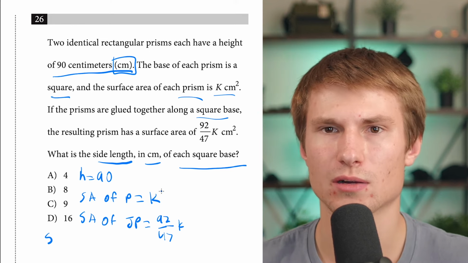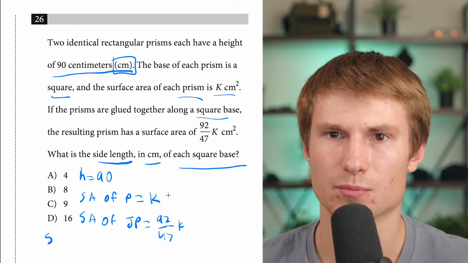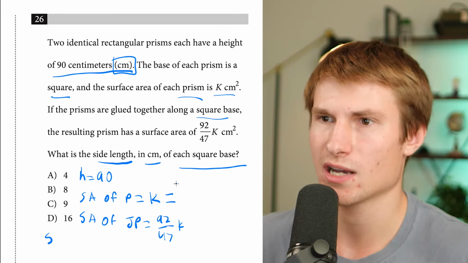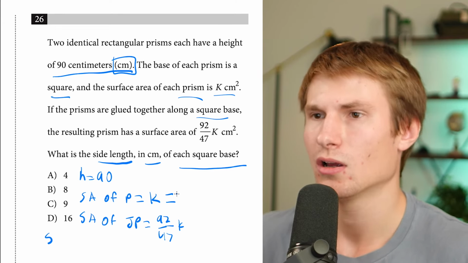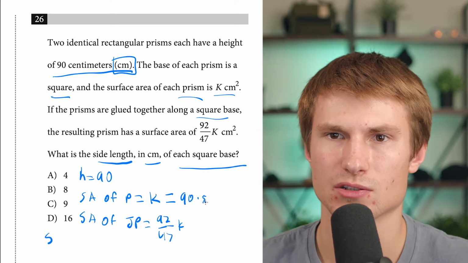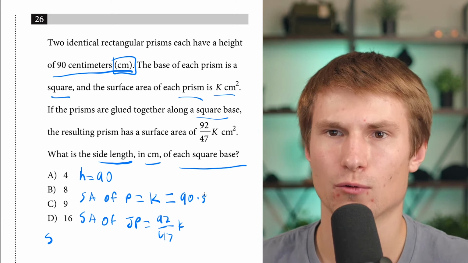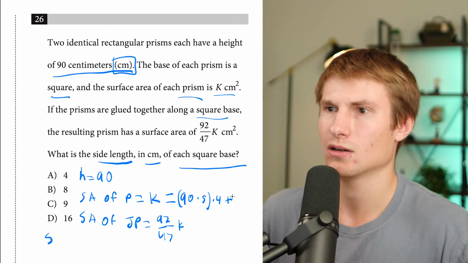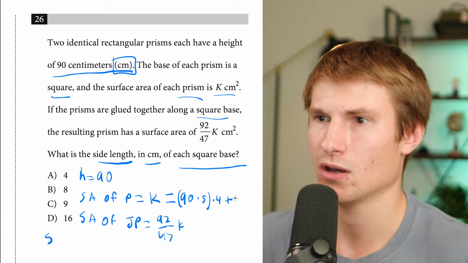Well, let's start by getting what the surface area of the prism is in terms of S. Surface area of a prism, we know that we have the 4 sides that are just the rectangle for the surface area. So that would be our height times our side length. So 90 times S. And there are 4 of them, so we have to multiply that by 4. Then we also have to add on the faces of the squares.